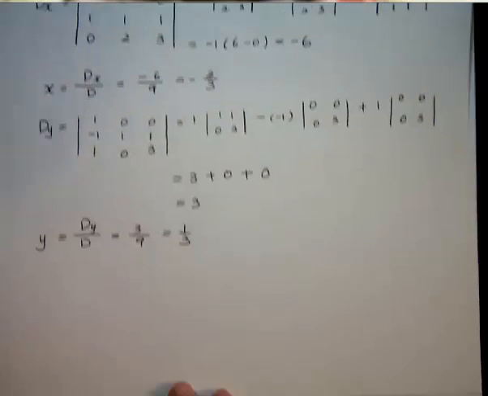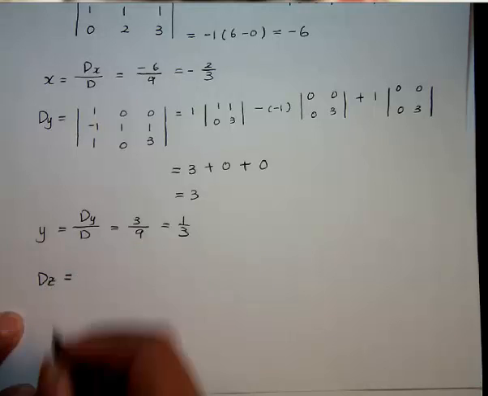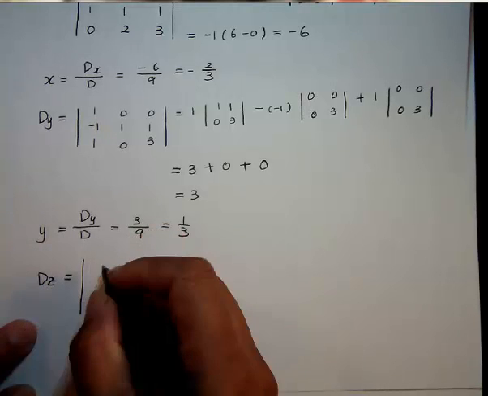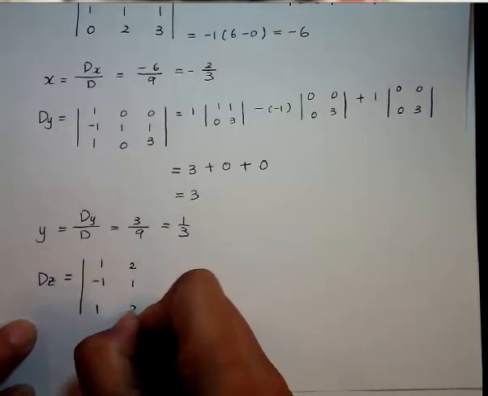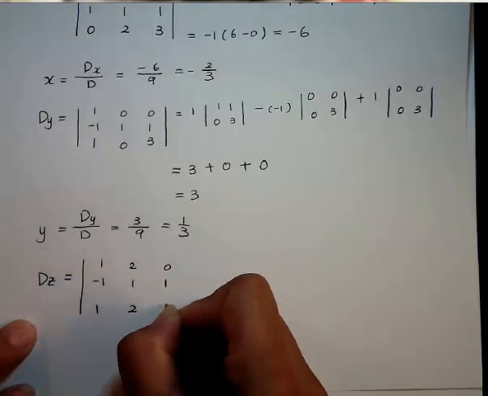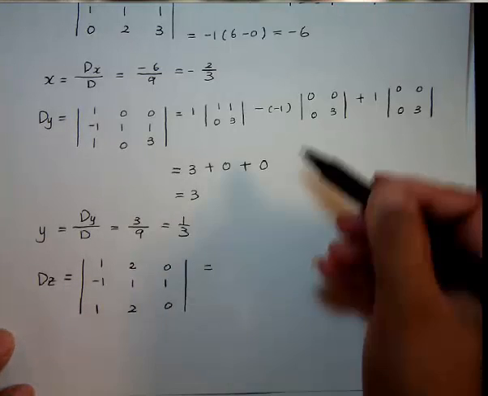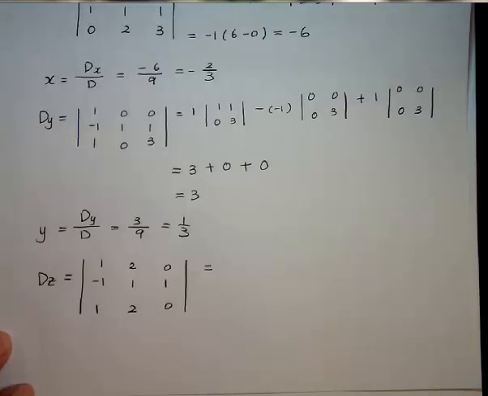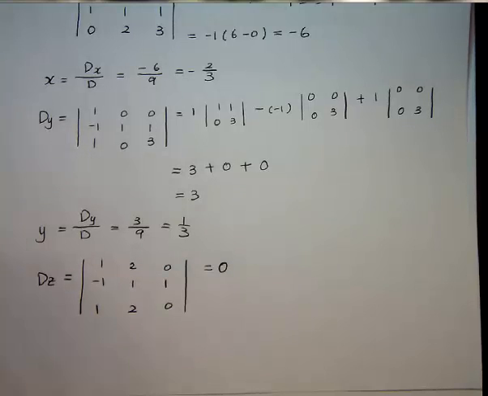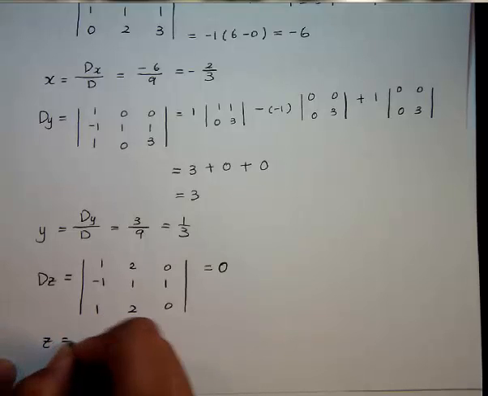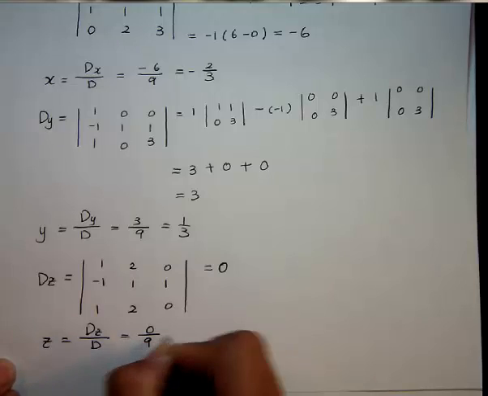And z, well, we need to find dz first. For dz, replace the z coefficients by the constants 0, 1, 0. In this case, if you do similar steps, you find out dz is 0. So z will be dz over d, that's 0 over 9, that's 0.